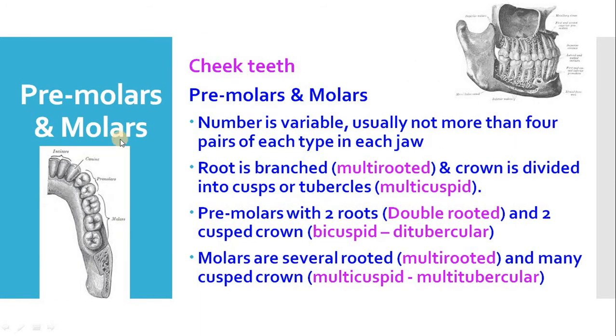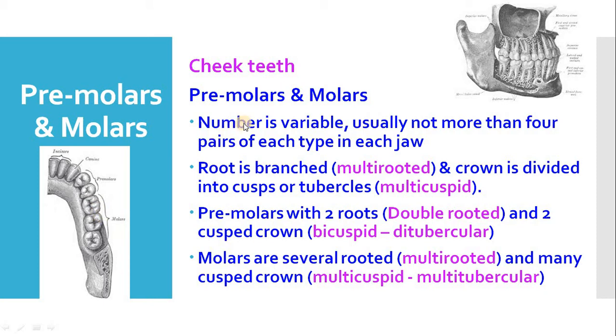Then premolars and molars. The teeth which are coming just after the canine are called premolars. They are 2 on each side, means 4 on a jaw. Then after that, there will be 3 more teeth on one side of the jaw. They are called molars.